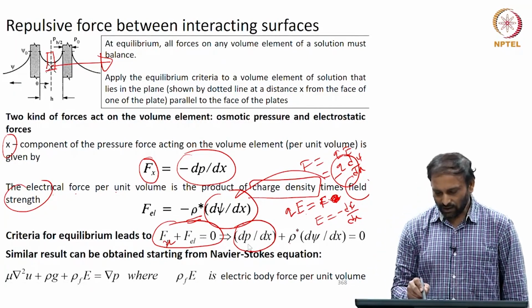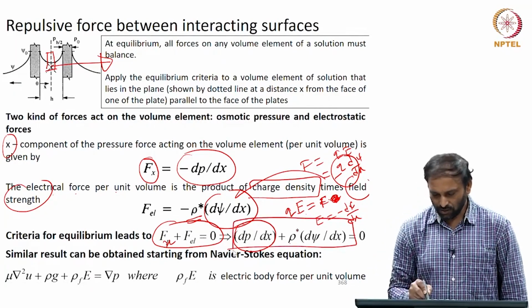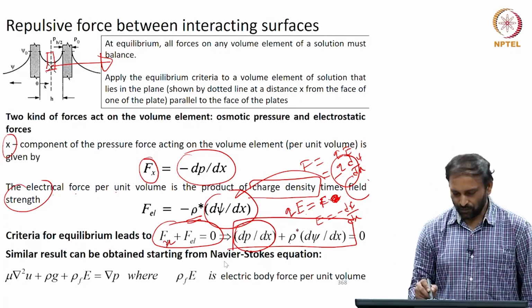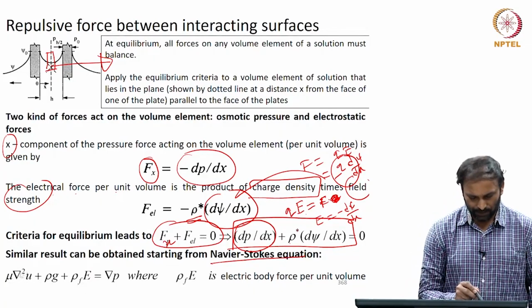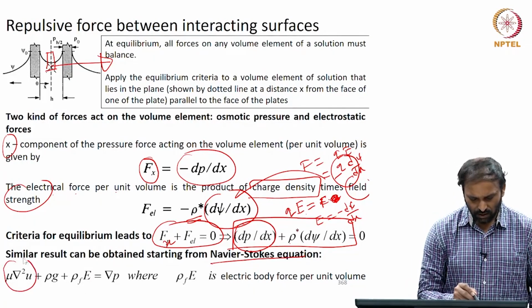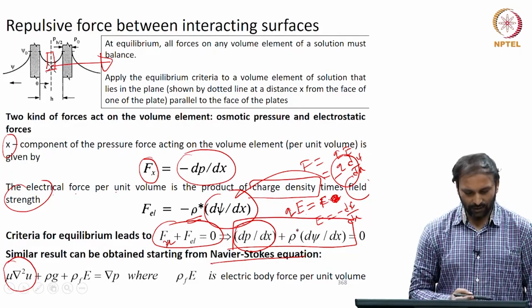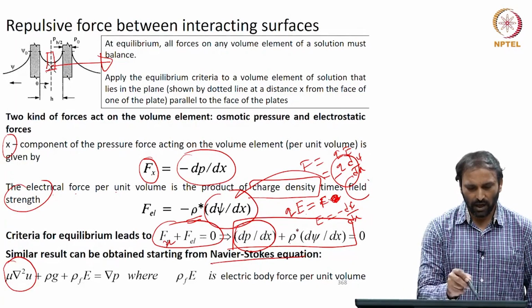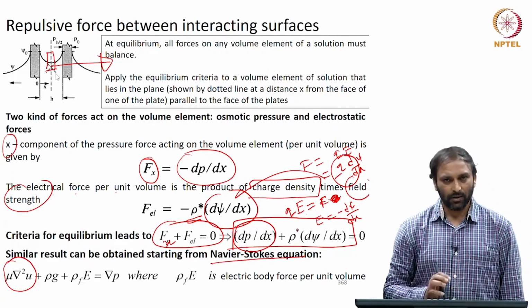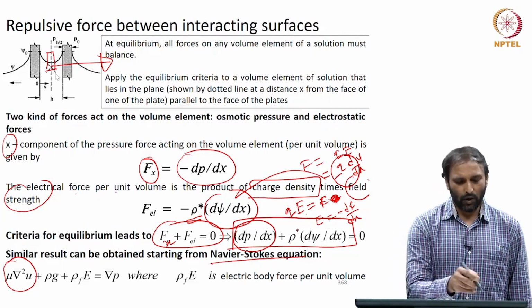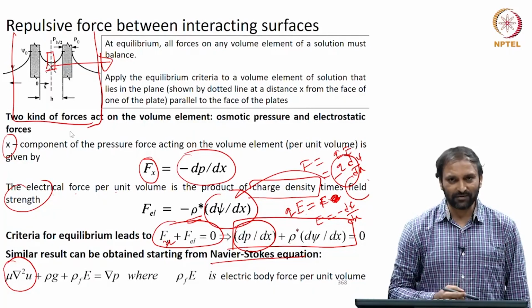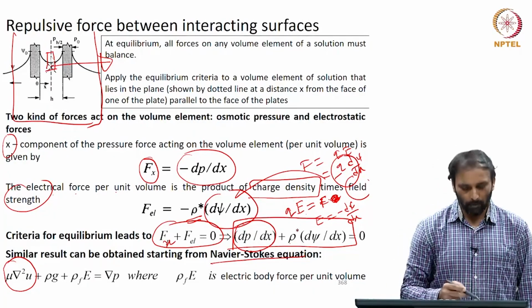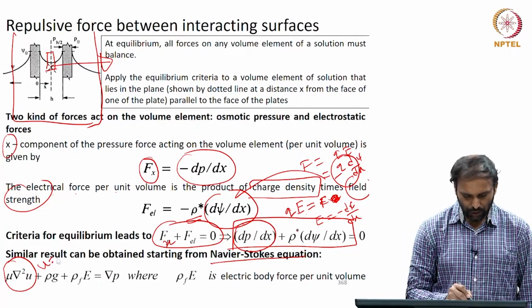You can arrive at a similar expression for the force balance if you start with Navier-Stokes equation as well, and this is the term that comes if you have flow in the solution, right. However, because we are talking about a case where you have particles immersed in an infinite bath of electrolyte and there is no bulk flow, the velocity u is going to be 0.